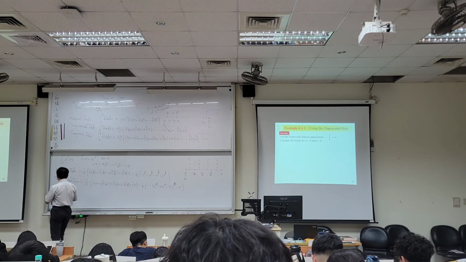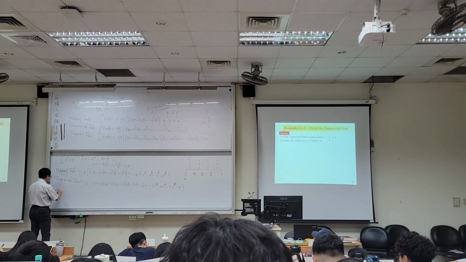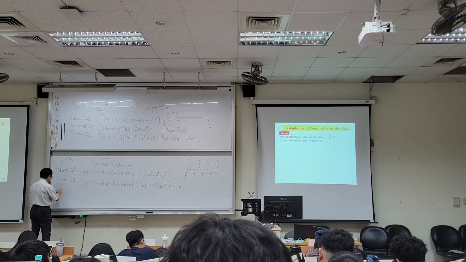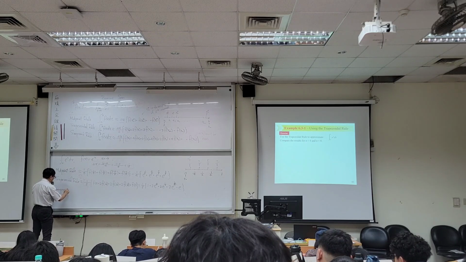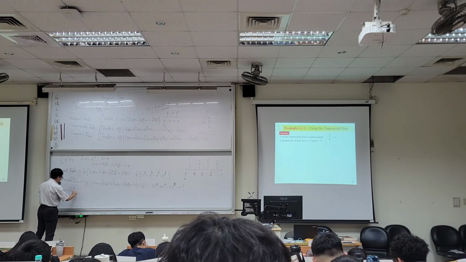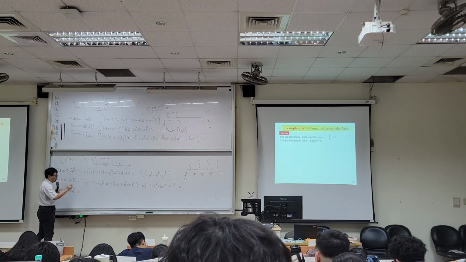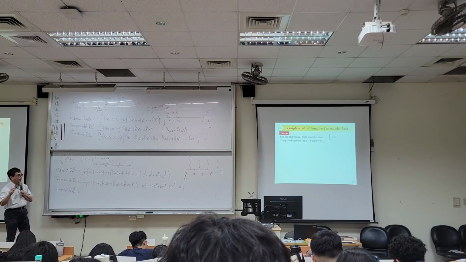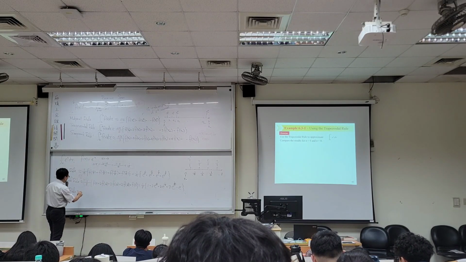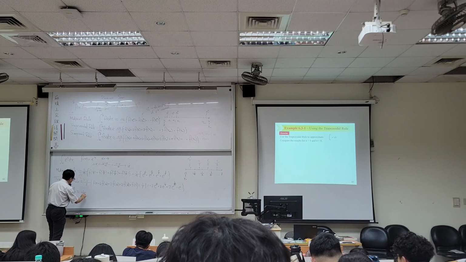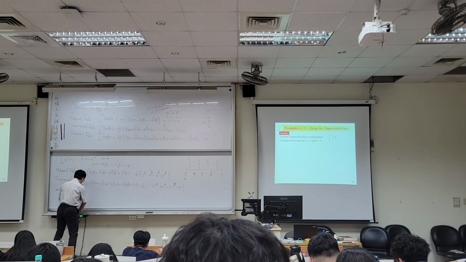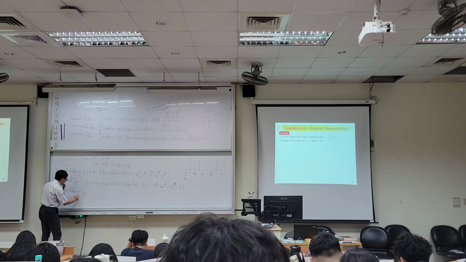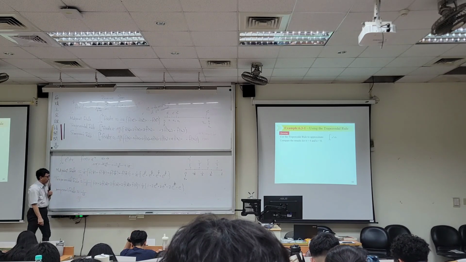And the last one will be Simpson's rule. Simpson's rule will be delta x divided by 3, so that's 1/12.